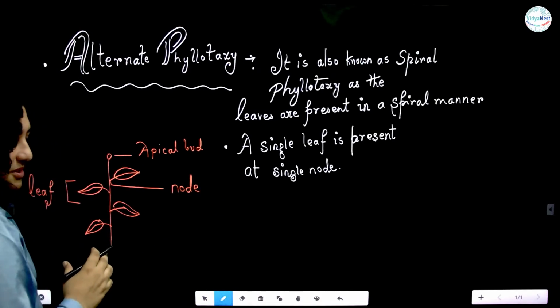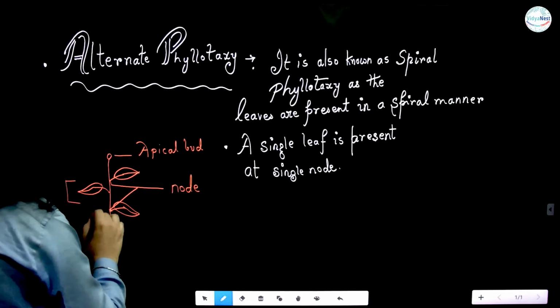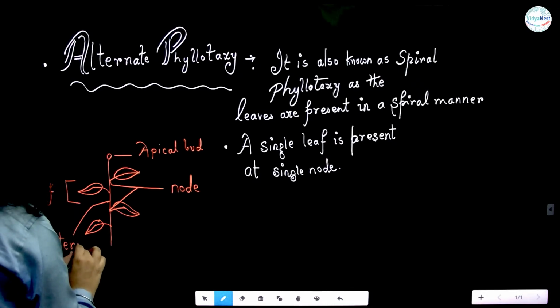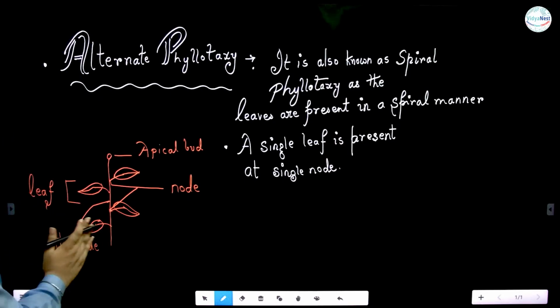This point represents the node, and we know the distance between the two nodes is known as internode. This is the internode.